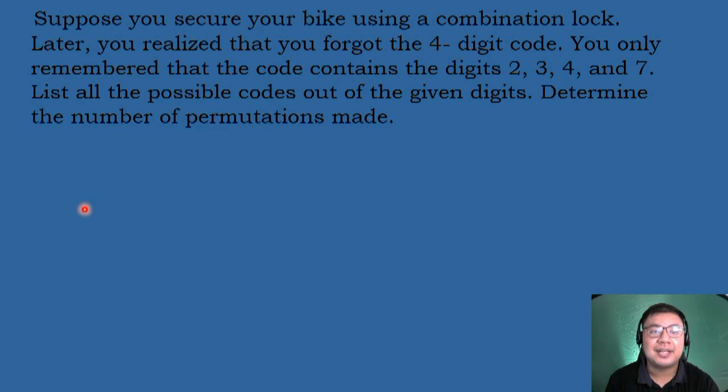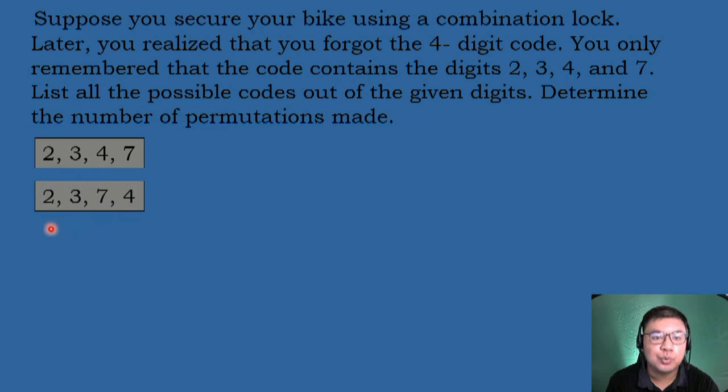In systematic listing, we need to create a certain pattern for us to be able to easily construct all the possible lists of codes. My technique here is to start first with number 2, and I will be listing all the possible codes that start with number 2. So the first possible code will be 2, 3, 4, 7.